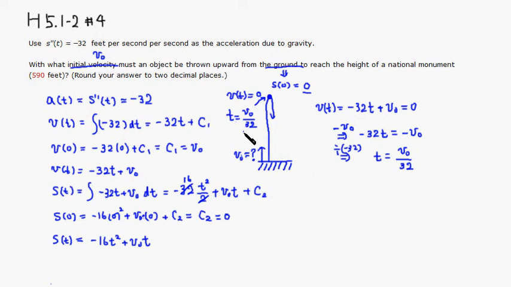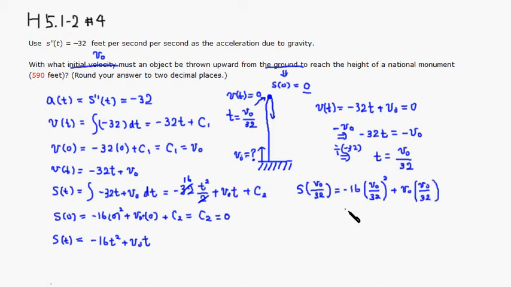We want to make sure that at this time the position function is 590, so let's plug it in. s at t equals v0 over 32 is negative 16 times v0 over 32 squared, plus v0 times v0 over 32. Let's simplify.